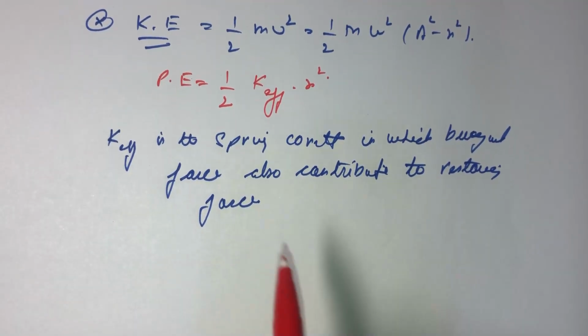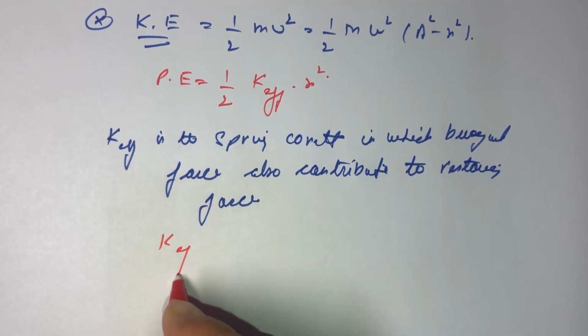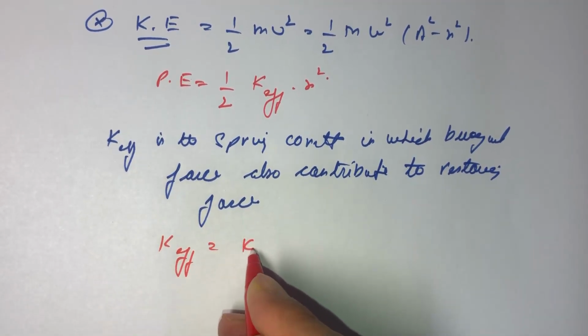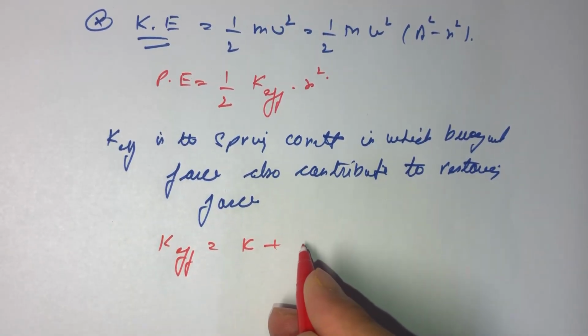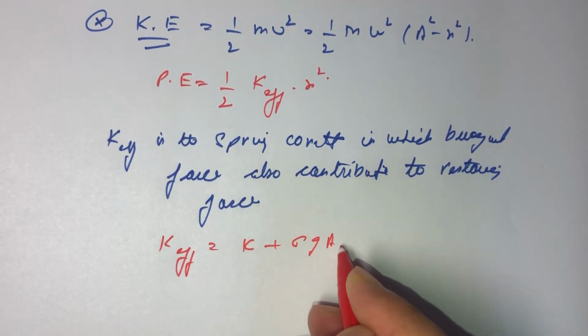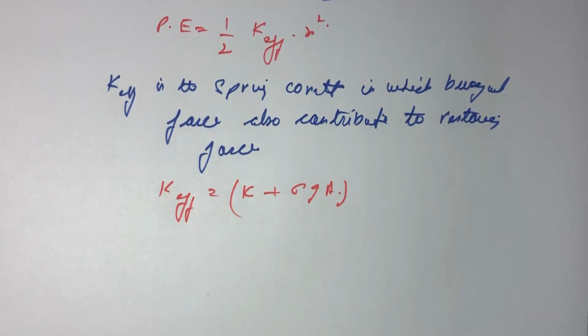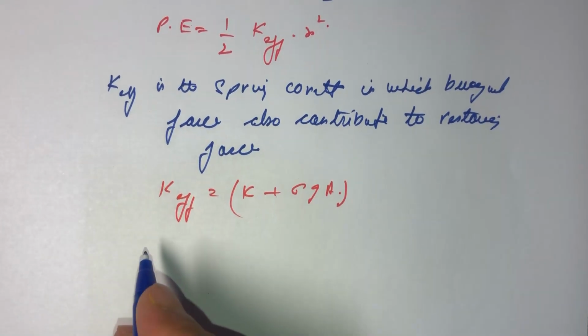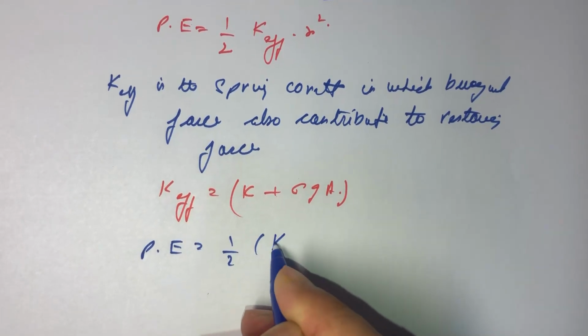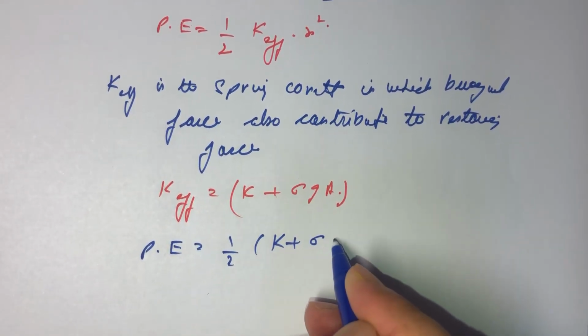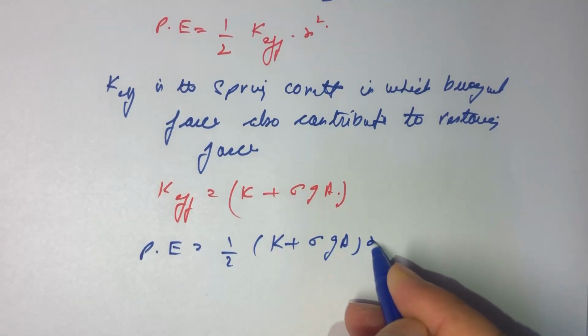So therefore we can write k effective will be equal to the spring constant for the spring plus sigma g A. Therefore the potential energy will be equal to half times k plus sigma g A times x square.